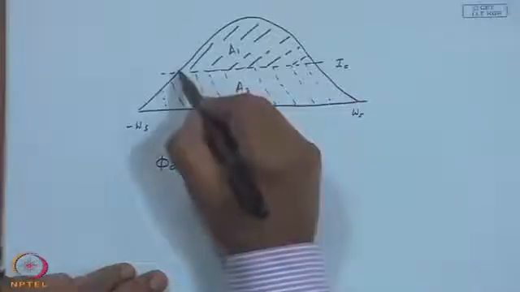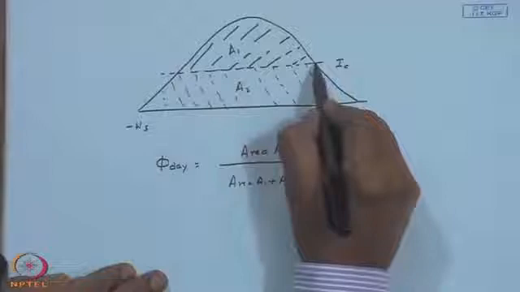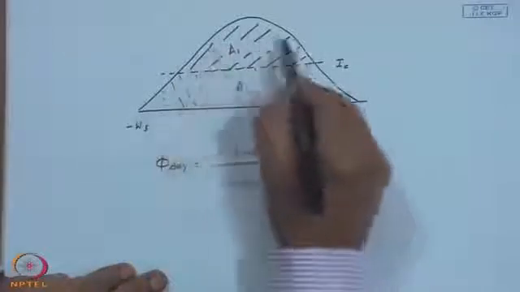That is the solar radiation available above the critical level to the total solar radiation available.